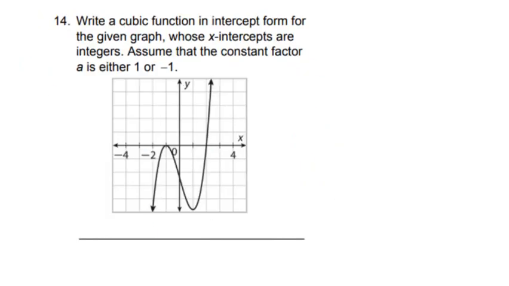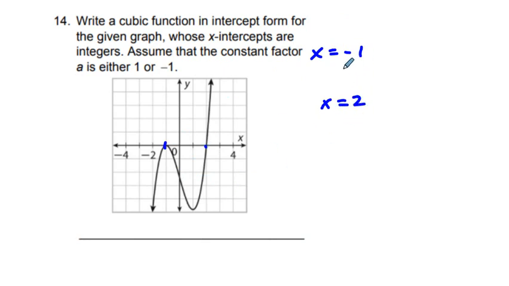Number 14, write a cubic function in intercept form for the given graph whose x-intercepts are integers. Assume the constant factor a is either 1 or -1. We just identify our zeros: x equals -1, and x equals 2.